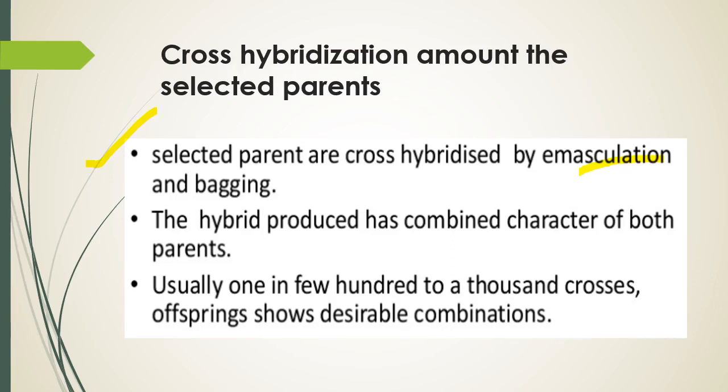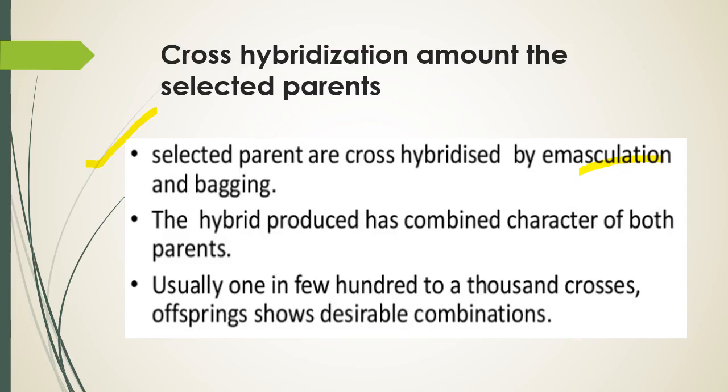You are taking out the anther and the pollen grain and dusting the pollen grain on the stigma of the flower where the development is expected, and that process is called emasculation. After doing the emasculation, you have to cover that pollinated flower with a bag so that any other foreign pollen grains will not fall on it, and this process is called bagging.